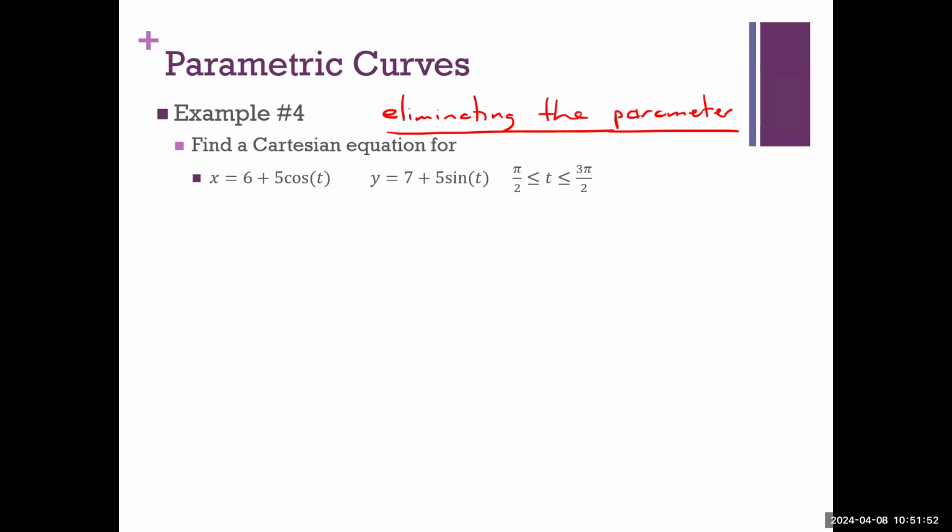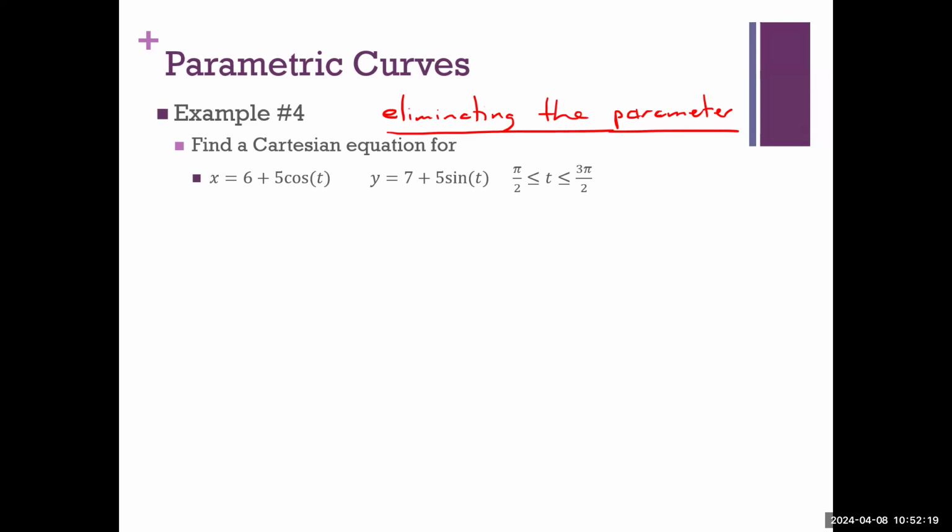Do we have an idea what this looks like? Should it be circular? Maybe not a full circle, but should it be? How do you know it's a semicircle? Right, so I don't have a full 2 pi for the length of that t interval.